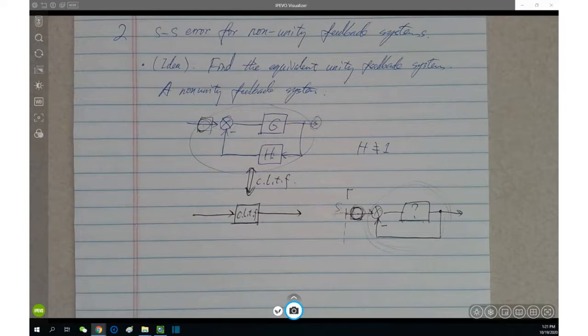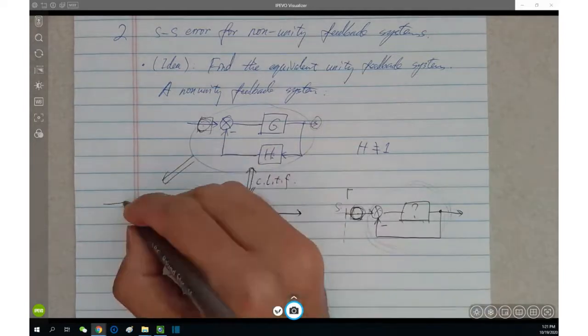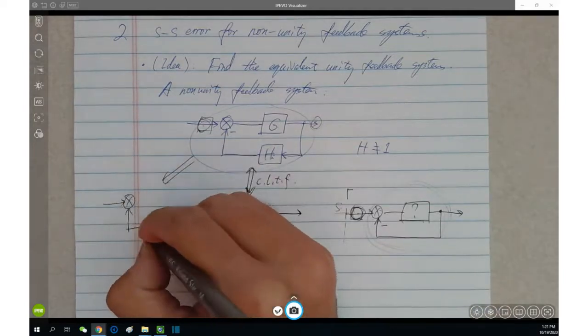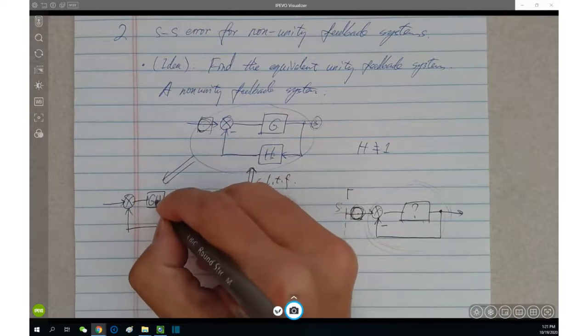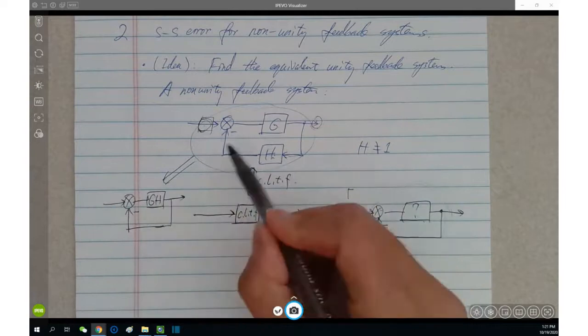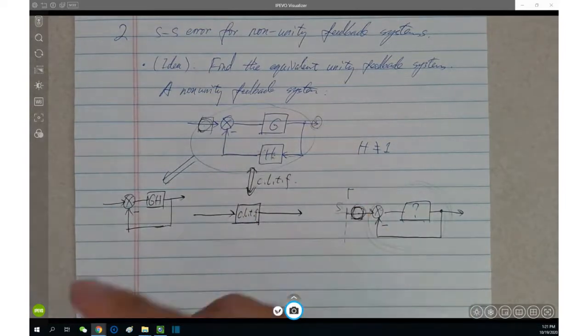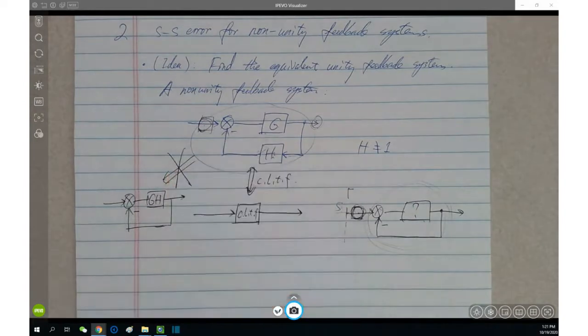No, that makes no sense. I mean, you cannot say this is equivalent to, say, this. Are these two equivalent? No.